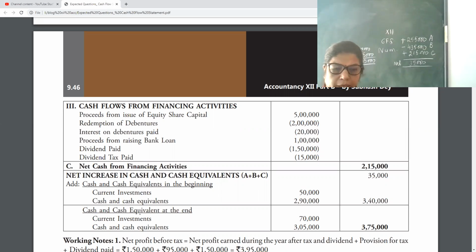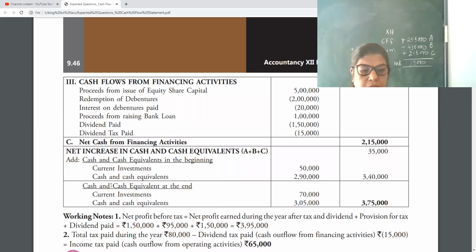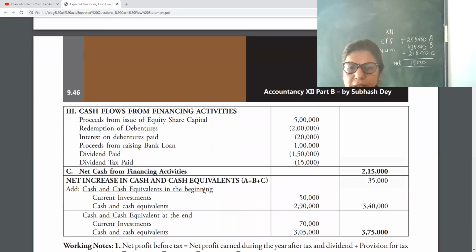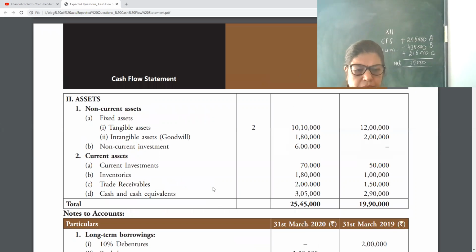Now add opening cash and cash equivalent. How can we find out the opening cash and cash equivalent? Come here. See this one. This is opening: 50 and 290, that is 340 opening.